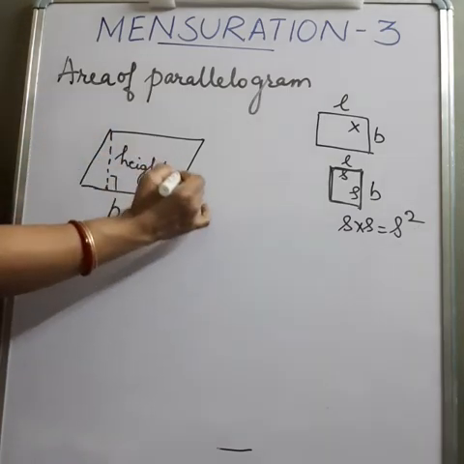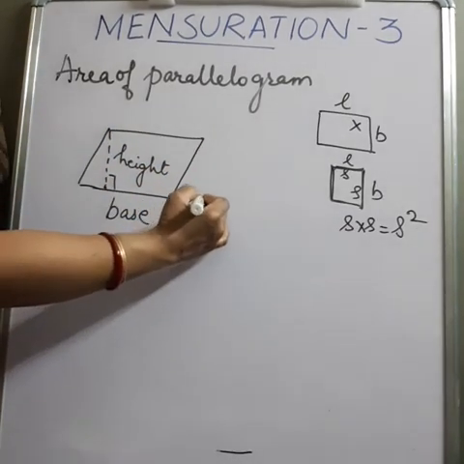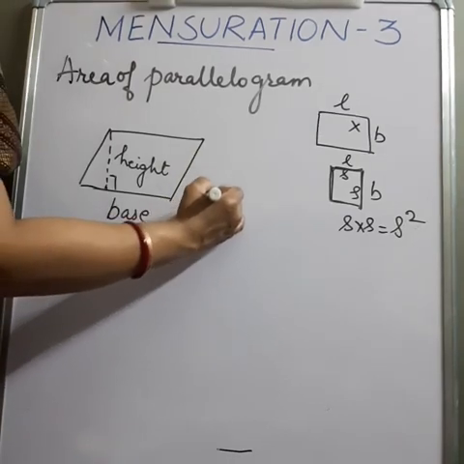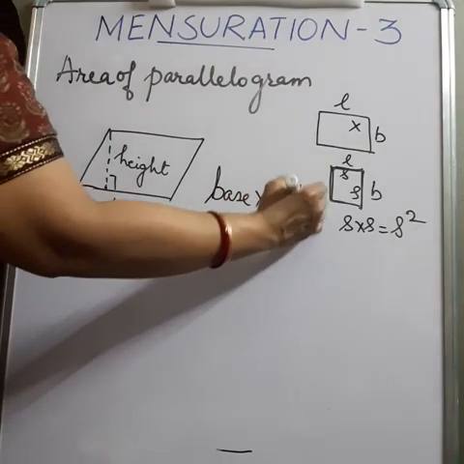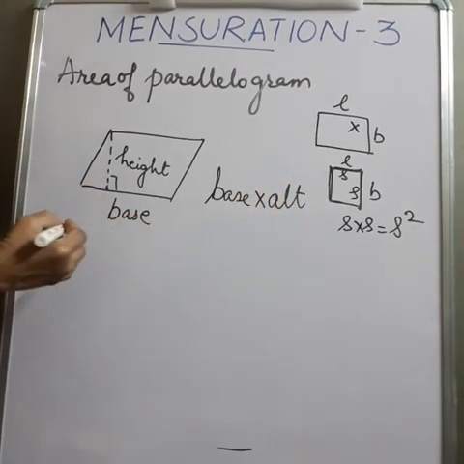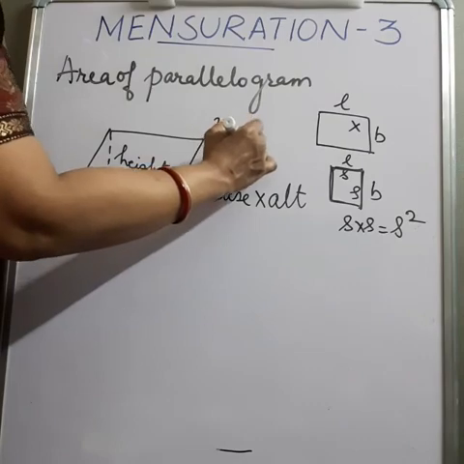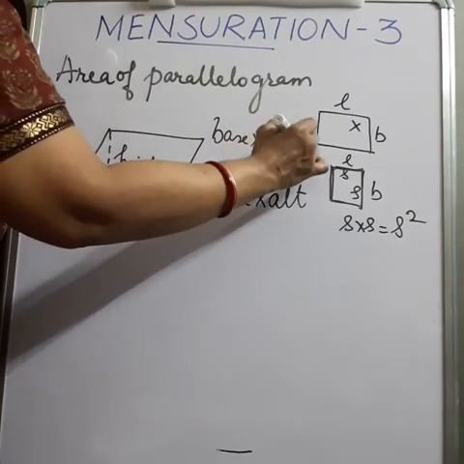So the area of parallelogram will be base multiplied by altitude, or we can also say base multiplied by height.